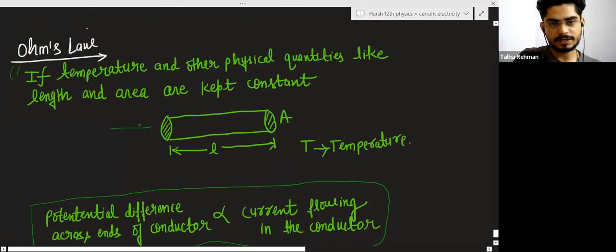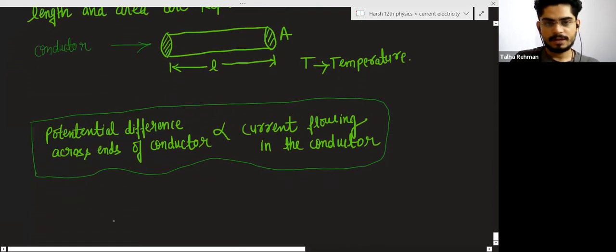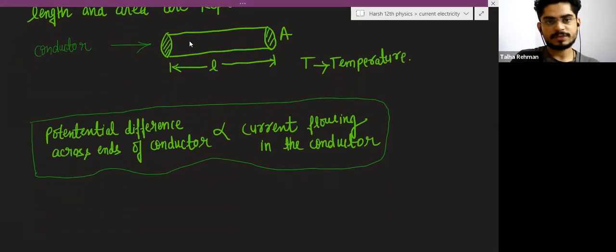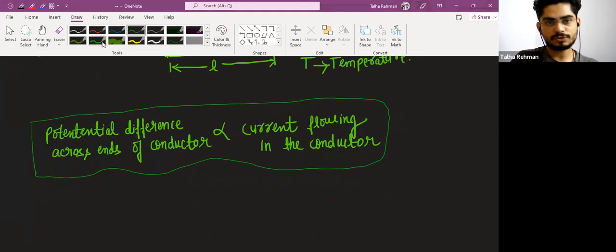And again, this is the conductor. Potential difference is also known as the voltage.